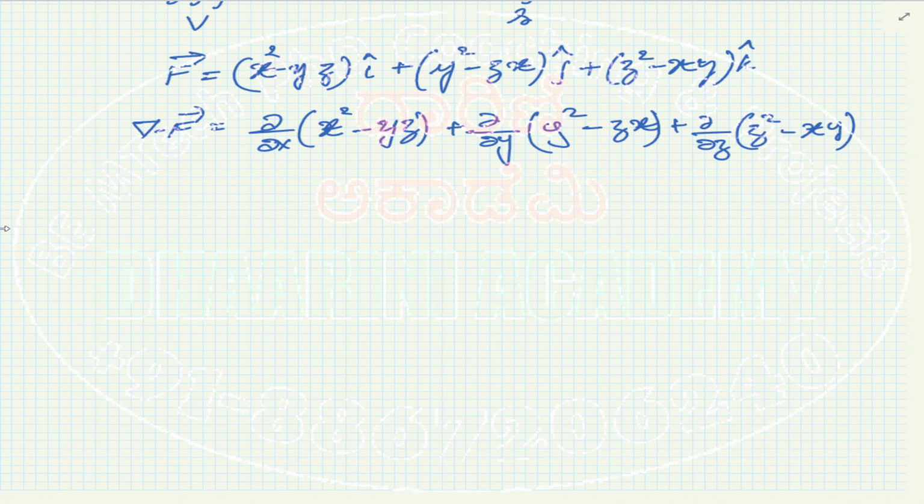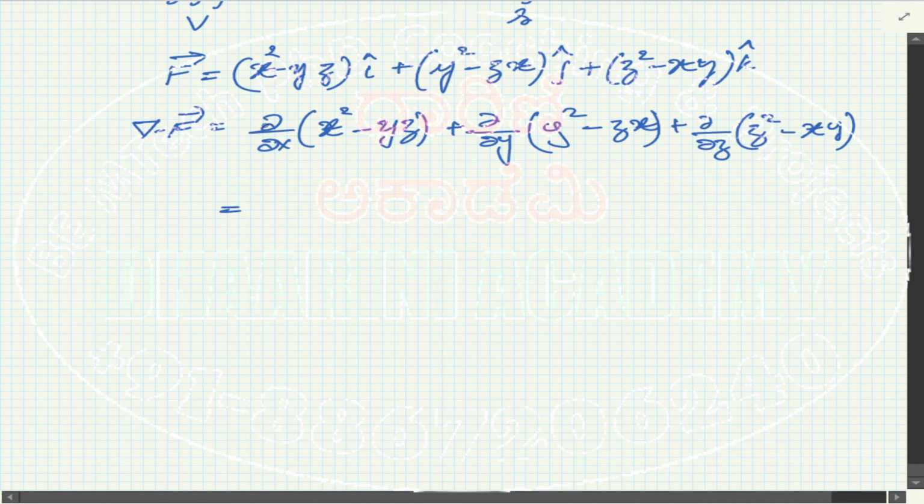So this is equal to dou by dou x of x square is 2x. Dou by dou x of yz is 0. So going to the next terms, this gives me 2y and 2z, right? I can rewrite this as 2 into x plus y plus z.